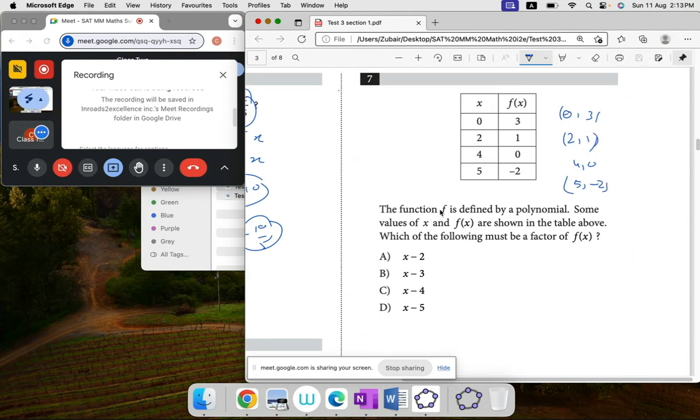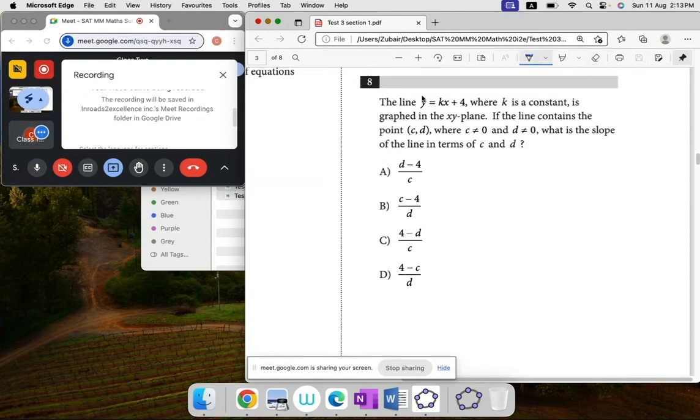And where is it 0? This is 0 at one place. So C is the factor. Any issue in this question? No, sir. I shouldn't have written these as well. So it is 0 when x is equal to 4.